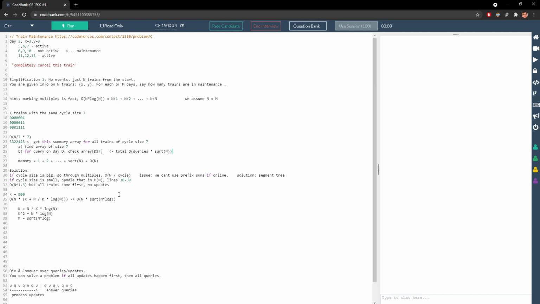So now, the logarithm. You see this sentence, we can't use prefix sums if online? It's wrong, we can. This whole issue is not true. Actually, we can use prefix sums.